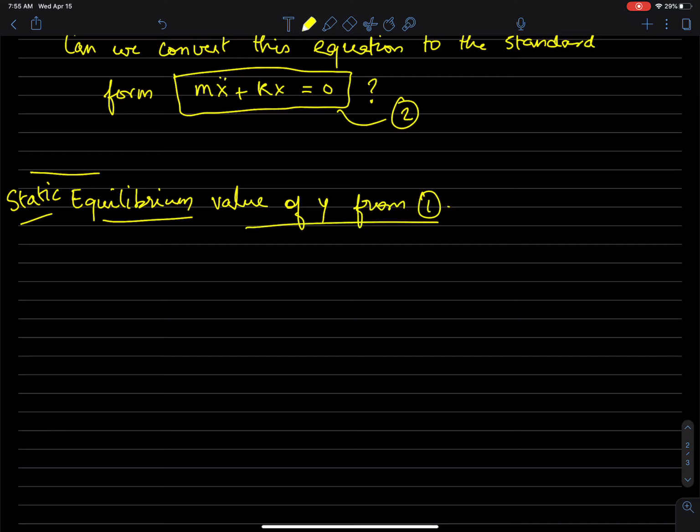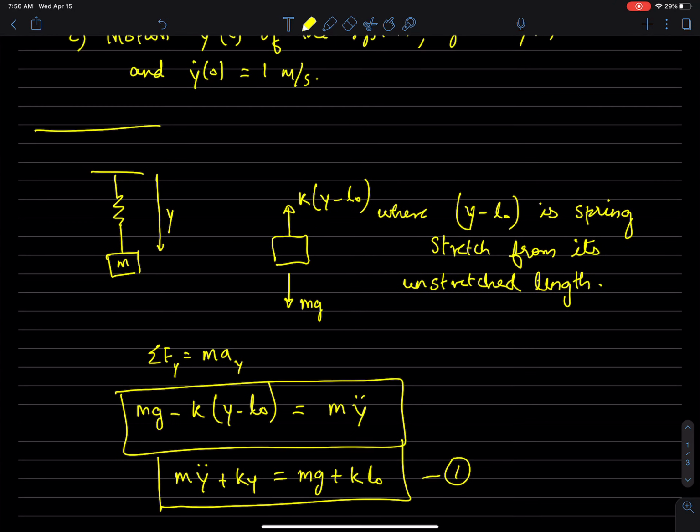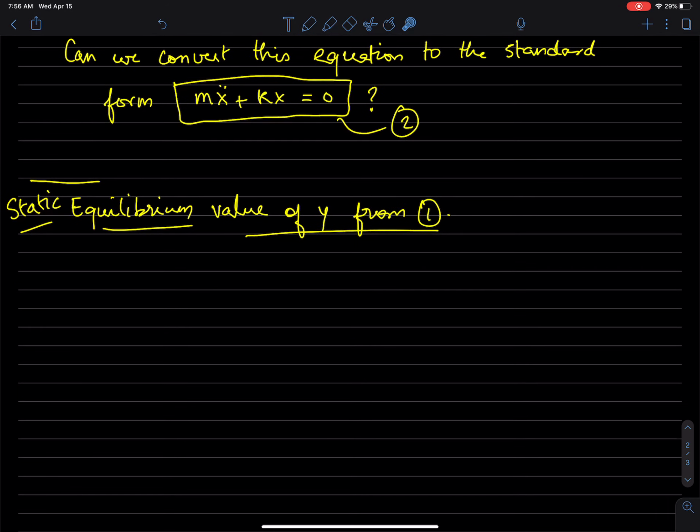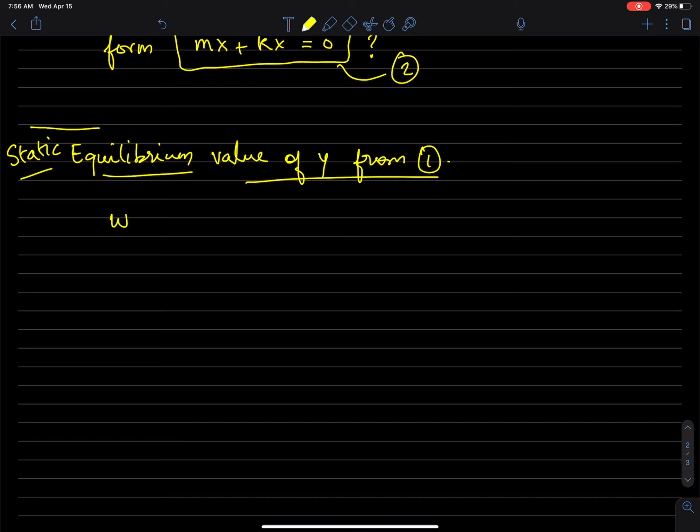Okay, so what do we mean by static equilibrium? That's the question of when, if there are no external forces on the system other than what's already here, namely gravity, what is the length y that this system will sit at? Okay, which answers the question, what length y will the system be in static equilibrium?